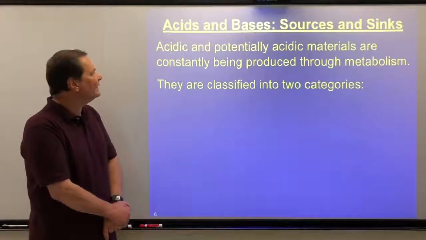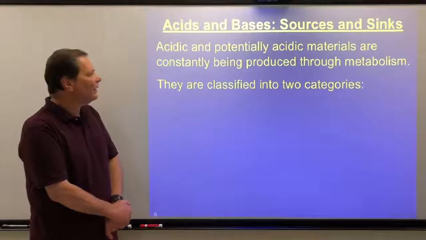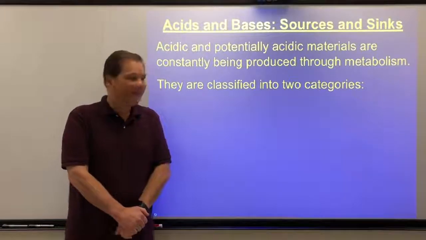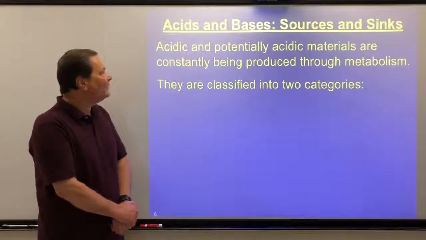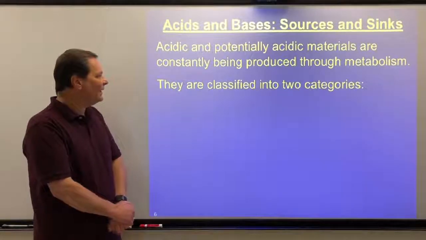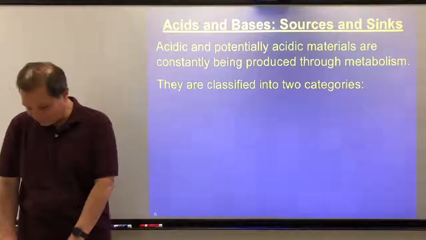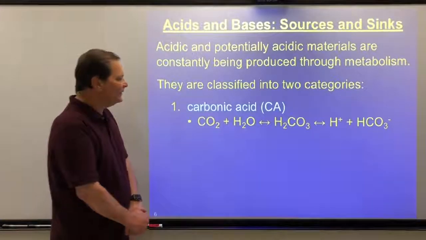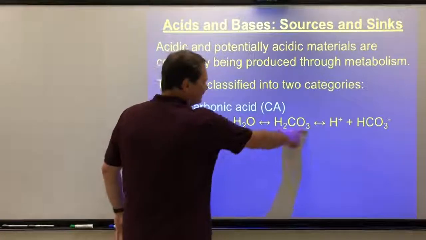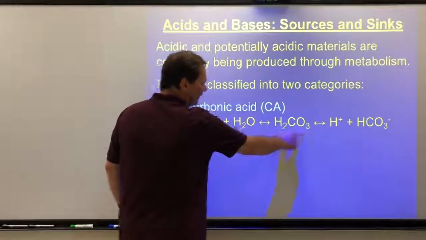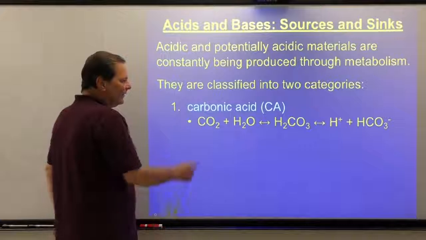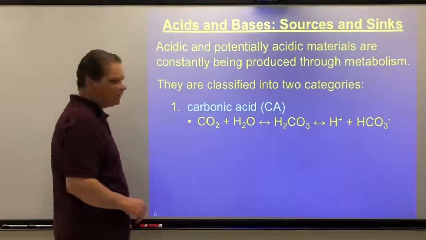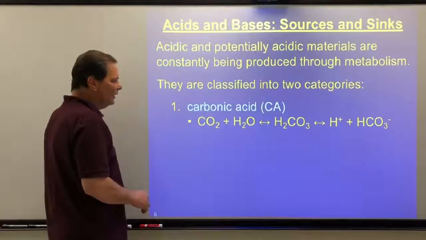Acids and potentially acidic materials are constantly produced through metabolism. And so we can take acids and we can classify them into two categories. The first is carbonic acid. Carbonic acid is this H2CO3 molecule, and that is an intermediate in this reaction, which is arguably the most important reaction in physiology.